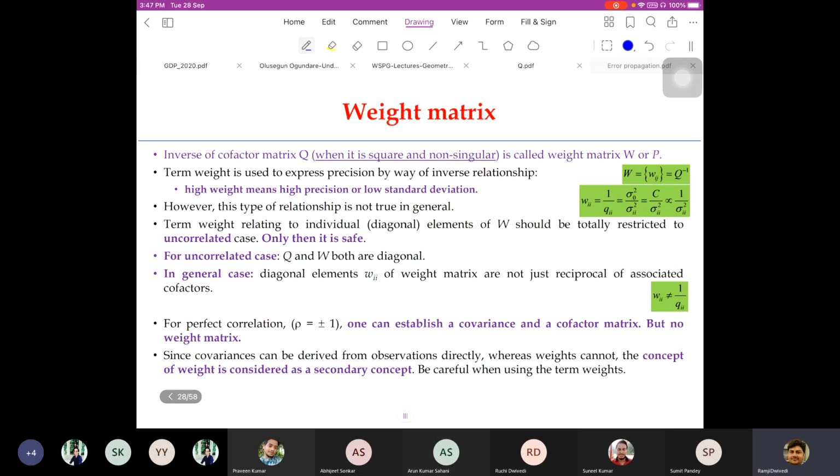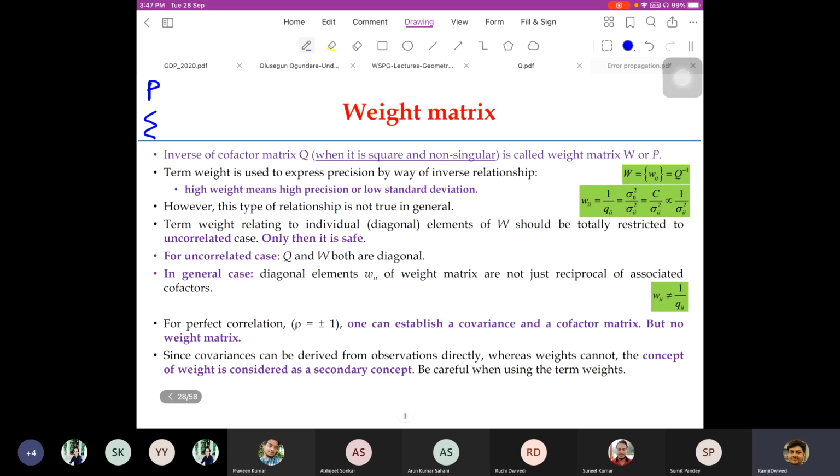For the sake of your understanding, I would write it like this: if you have access to the population, you will have sigma, that is the variance covariance matrix.